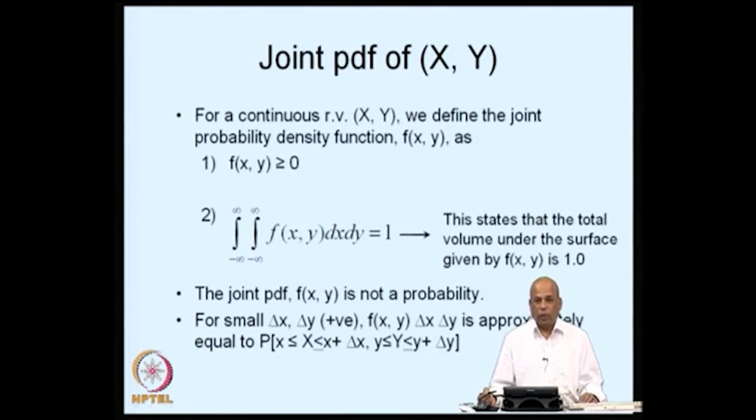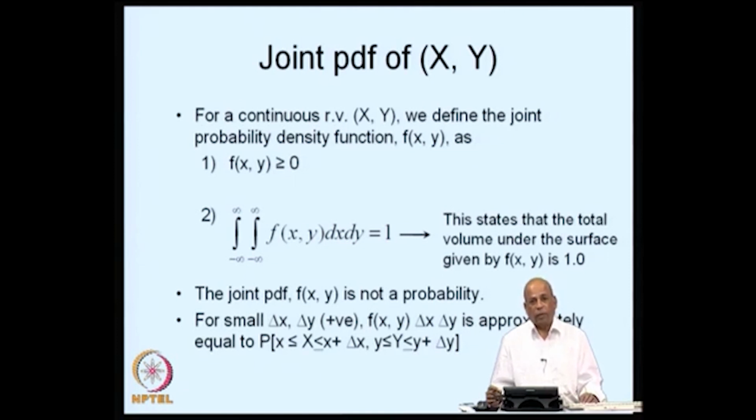So, similar to what we did in the single dimension random variable, if you take the volume under the joint PDF f of x y over a particular region, that volume gives the probability of the two dimensional random variable x y assuming values in that particular region.